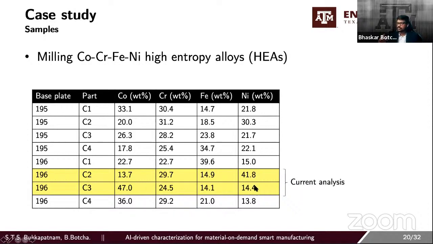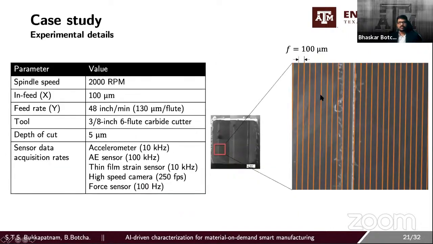So we took these 2 samples as our test samples, and the idea is, can we identify which sample is which just from data? So this is the case study.